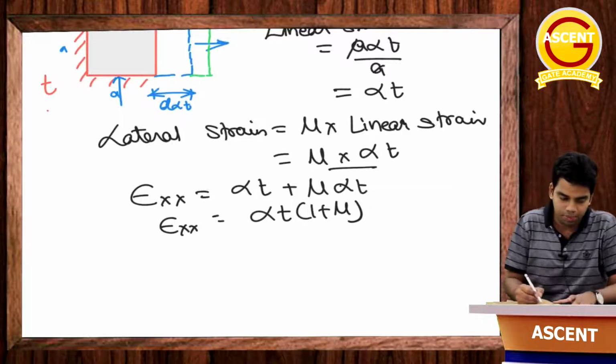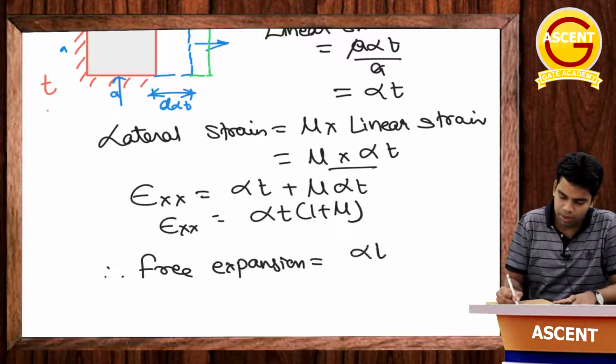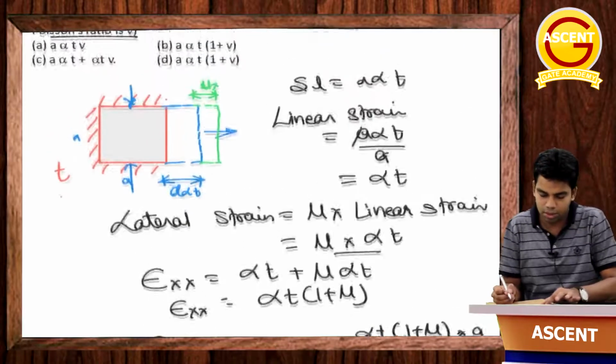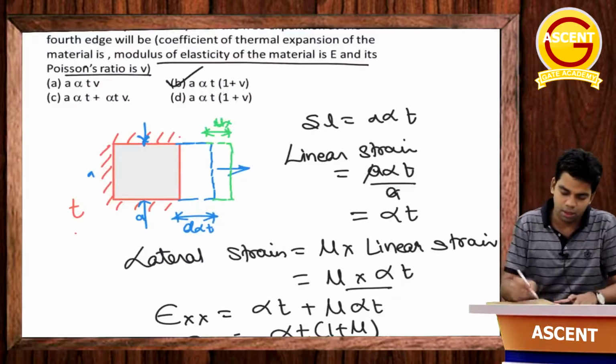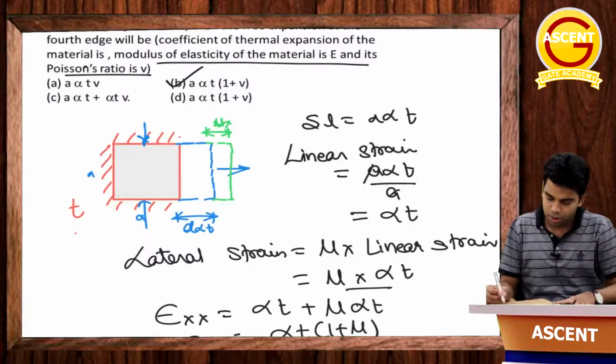So total free expansion is equal to alpha t into 1 plus mu into length, which is A. So this will be equal to A alpha t into 1 plus mu. So the answer should be B, A alpha t into 1 plus mu. Getting this now? Okay. Next question.